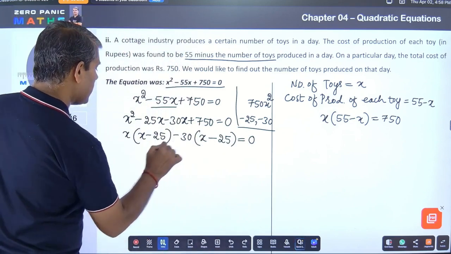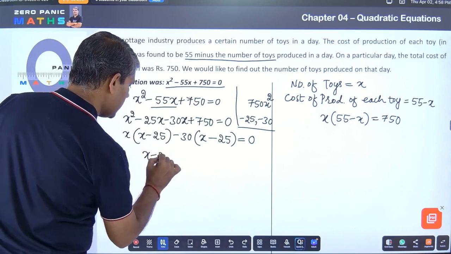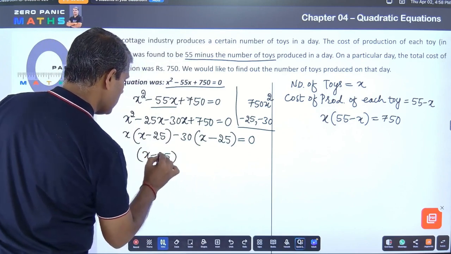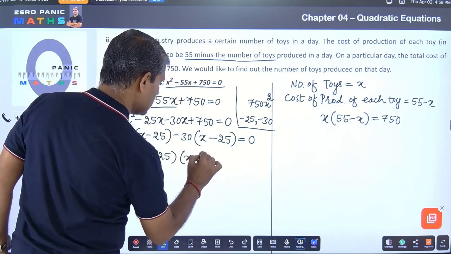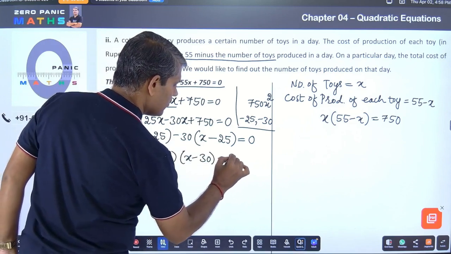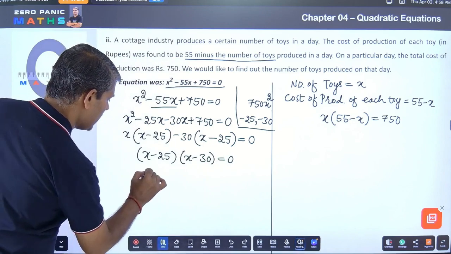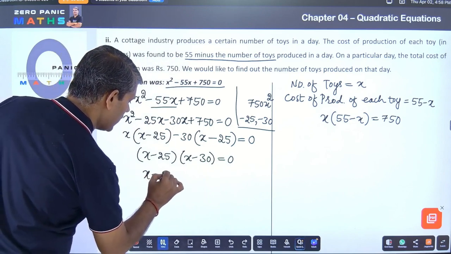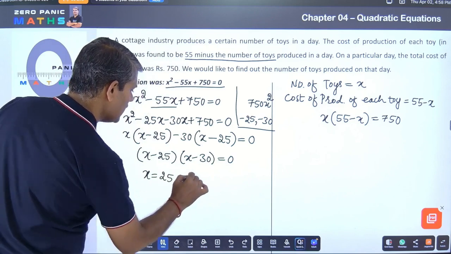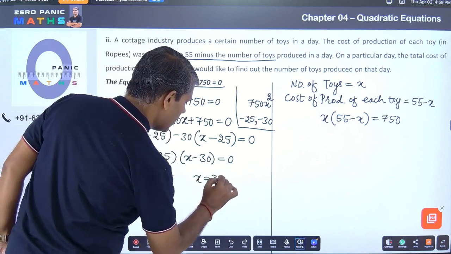So we get x minus 25 and x minus 30. So x is equal to 25, I can directly write it, and x is equal to 30 are the two roots.